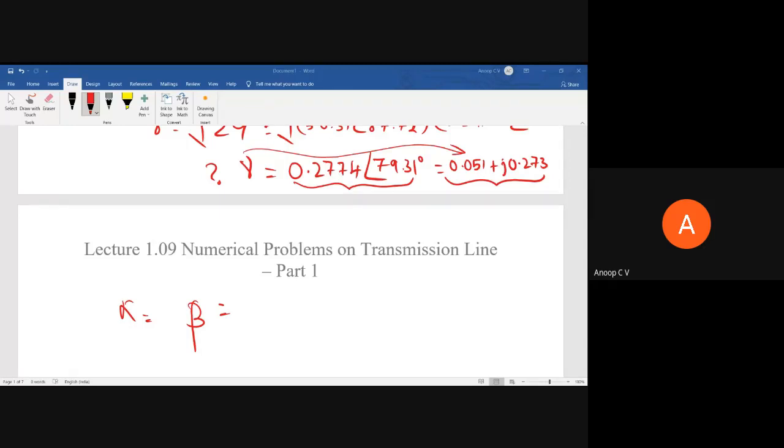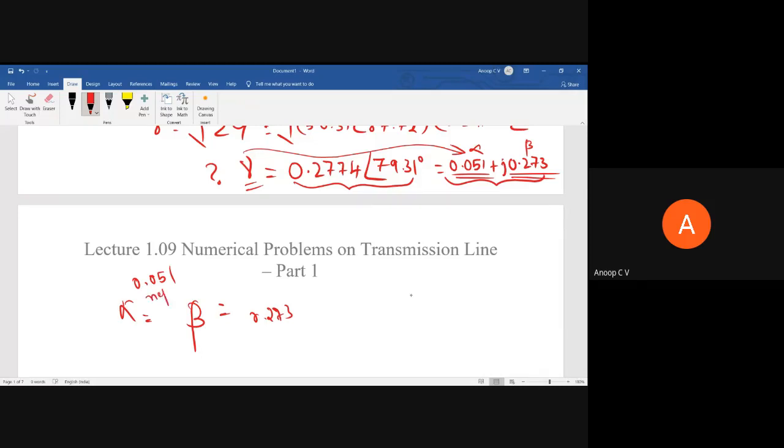Thank you. So this is gamma, and the real part of gamma is alpha and the imaginary part is beta. 0.051 is the real part and 0.273 is the imaginary part. So alpha is 0.051 and beta is 0.273. My next question is, what is the unit of alpha?